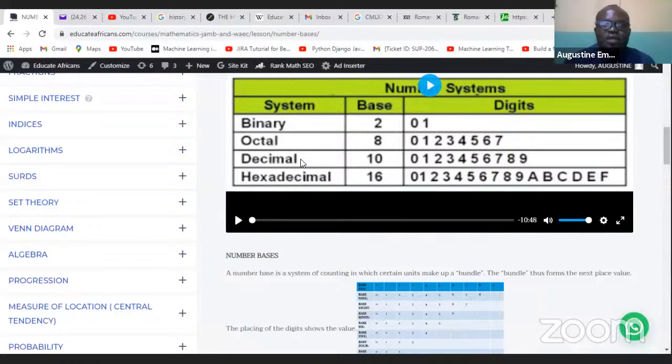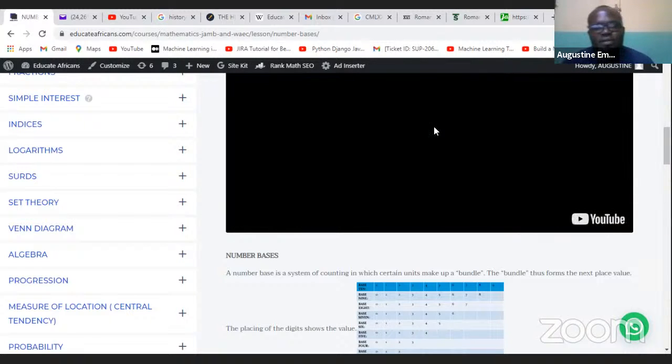Now, there are other ways you can count. You can use what we call binary. Binary is the way computer understands numbers, and that is the system which the computer works on. We call it binary, or base 2. It has the following numbers 0 and 1, just zeros and ones.